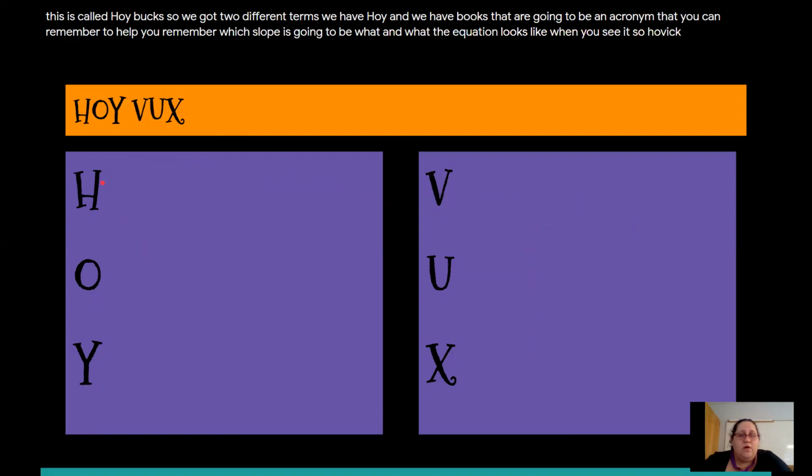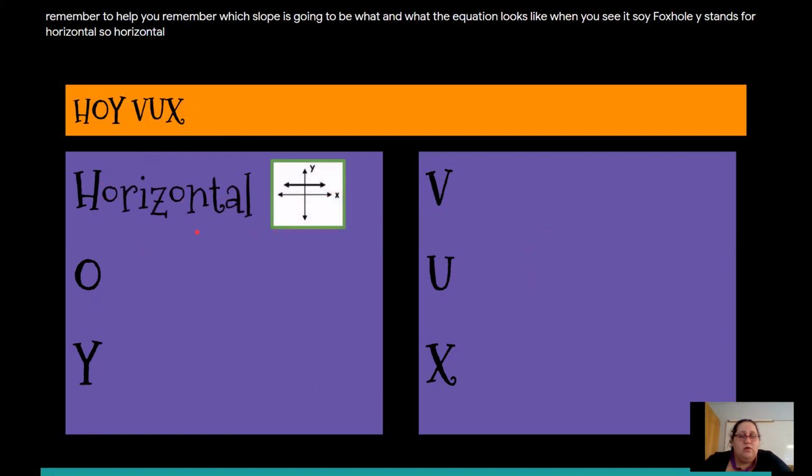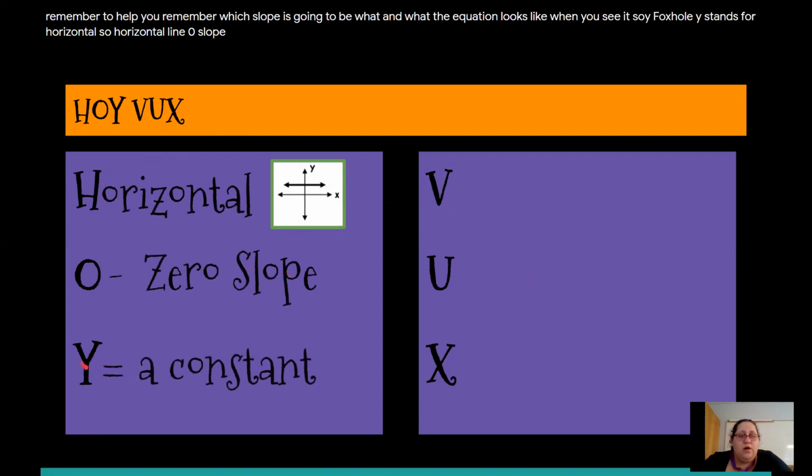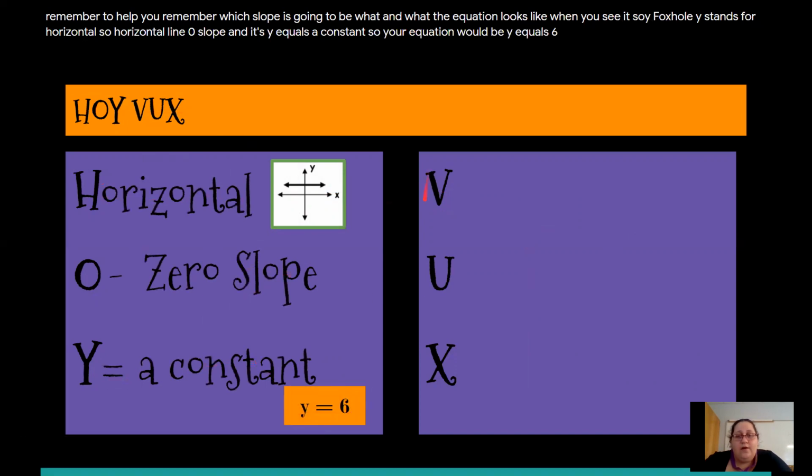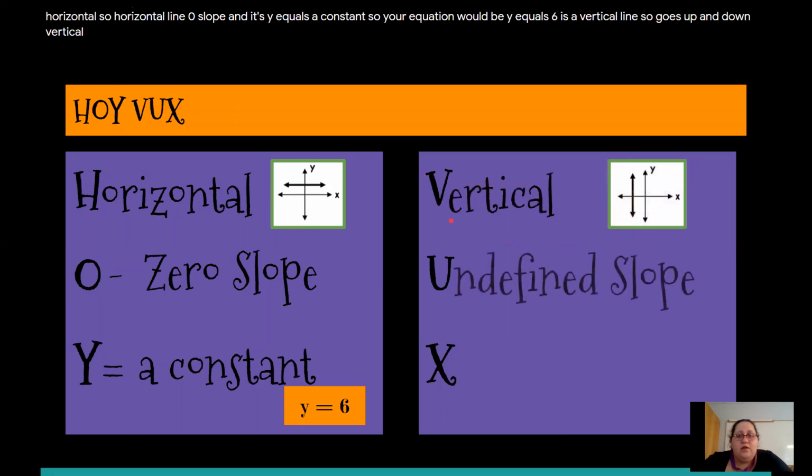So HOY VUX. HOY stands for horizontal, so a horizontal line, zero slope, and it's y equals a constant. So your equation would be y equals 6. While VUX is a vertical line, so it goes up and down vertical with an undefined slope, and x equals a constant.